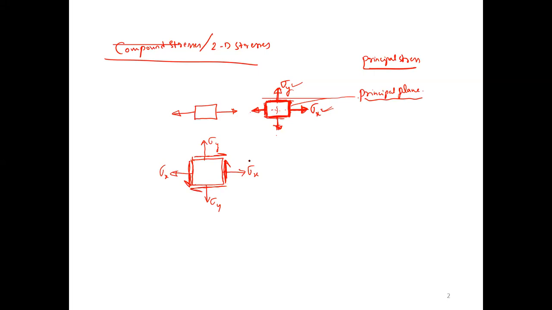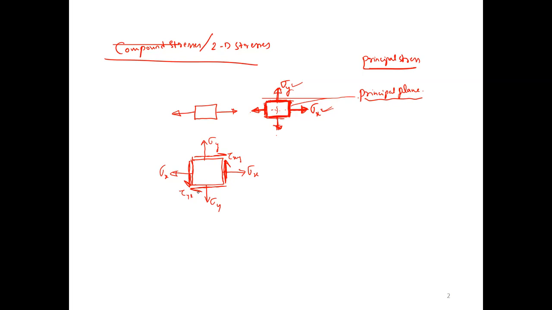Now just observe, the body is in equilibrium. It is not moving anywhere because these two pairs resist this anti-clockwise moment. Now the shear forces: this is tau xy, and this is tau yx. Both are the same. Now this body is in equilibrium.